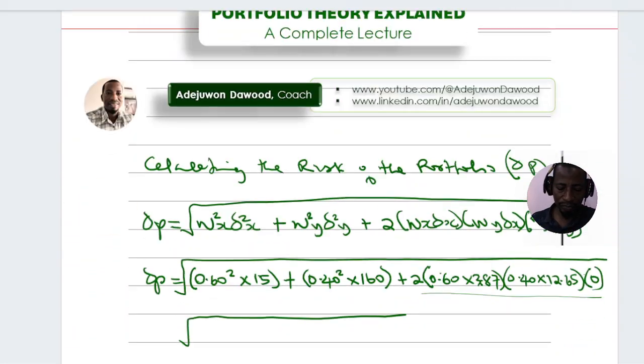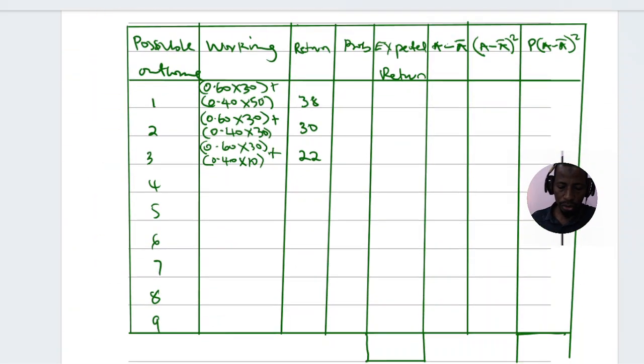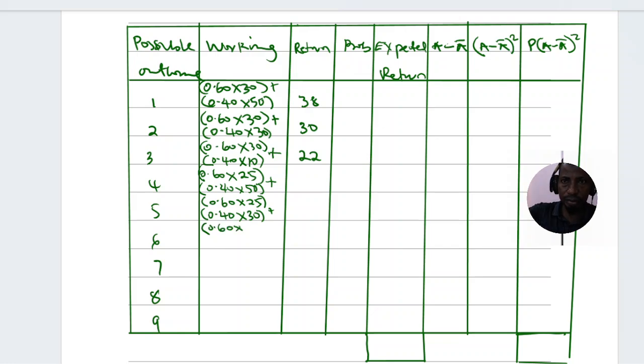So we are going to multiply that 25 with the return of Y. It will be equal to the proportion invested in X, 0.60 multiplied by 25, plus the proportion of 40% multiplied by the return of Y, 0.40 multiplied by 50. Then 0.60 multiplied by 25 plus 0.40 multiplied by 30, and 0.60 multiplied by 25 plus 0.40 multiplied by 10.